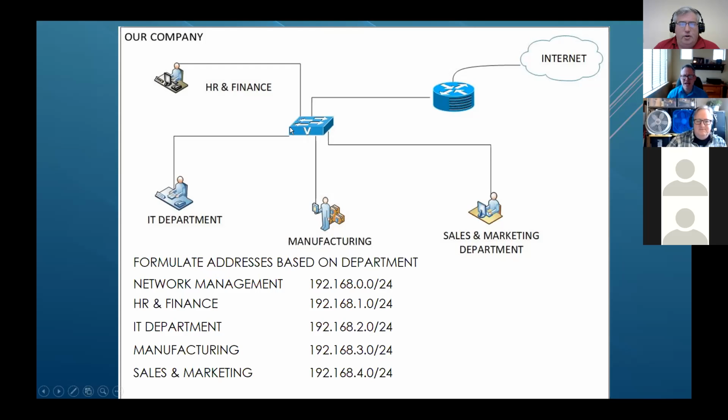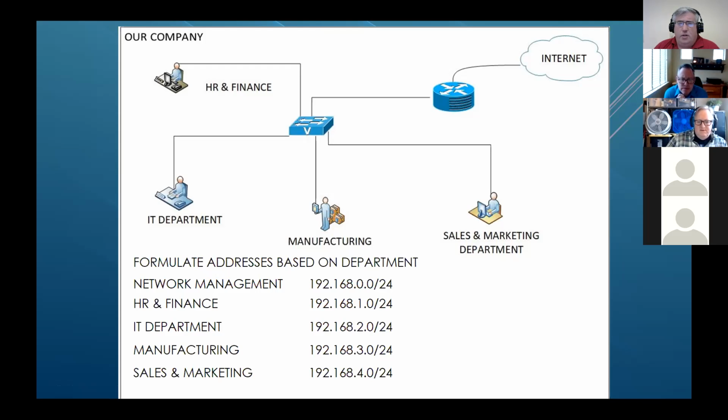So what you could do is put in a layer 2 switch that has the capability of doing what's called VLANs, virtual LANs. It is an identifier in the packet header for layer 2.